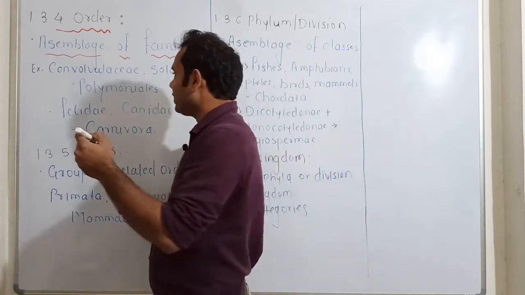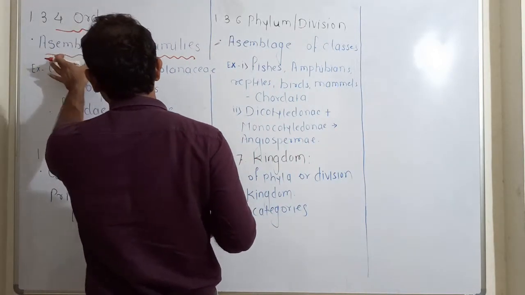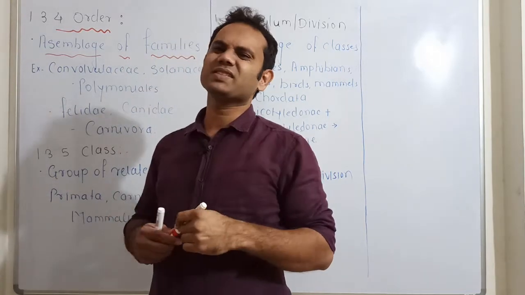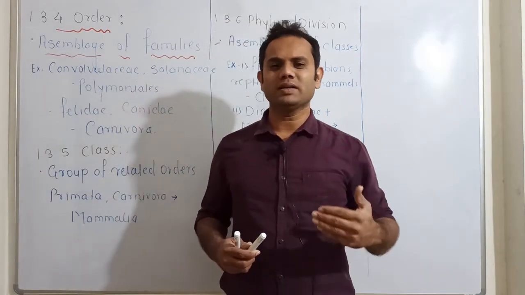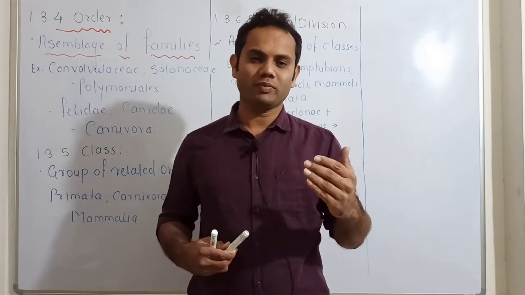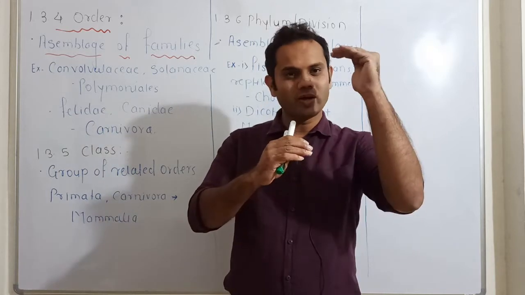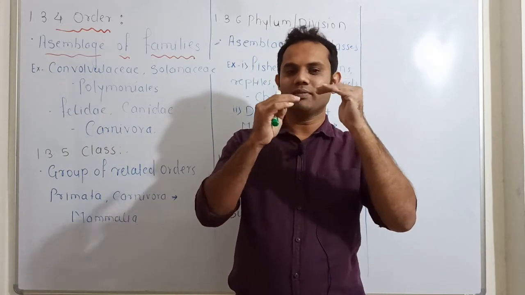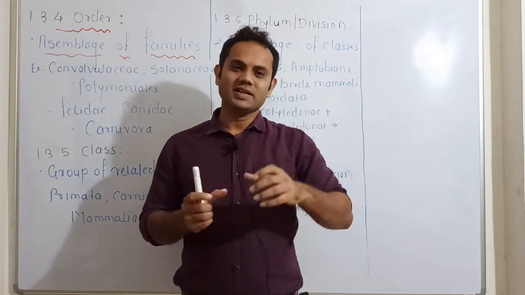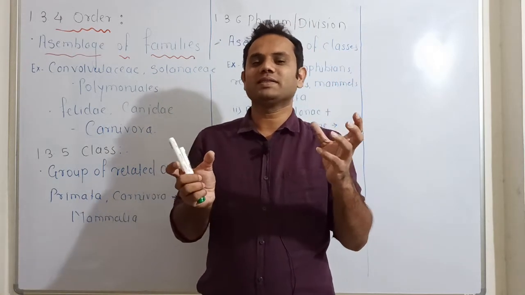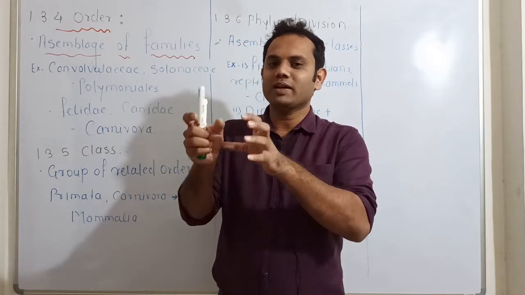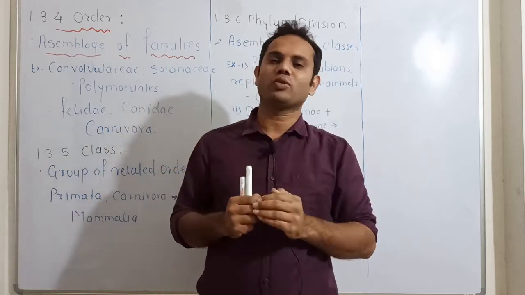So what is order here? Order is the assemblage of a number of families which share certain fewer characteristics which are similar with one another. As we go upward, the character similarity becomes less and less, or the differences increase. But despite that fact, a few characteristics might be similar, and on the basis of that they are placed in their higher taxonomic category.